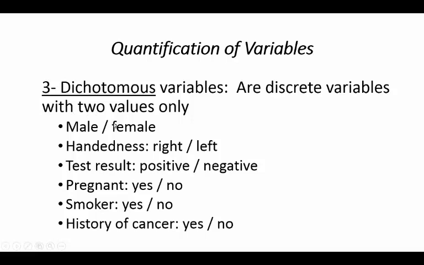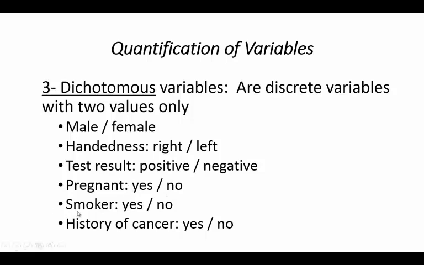For example, if I'm doing gender, it's either male or female. There is nothing in between. If I'm collecting data about handedness, the person could be right-handed or left-handed. He cannot be something in between. Test results could be negative or positive. Pregnancy, yes or no. We can't have somebody who is 50% pregnant.